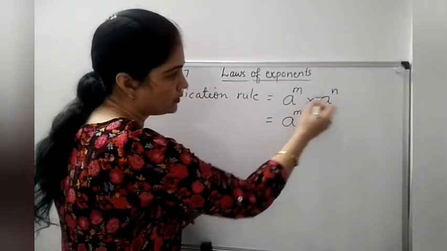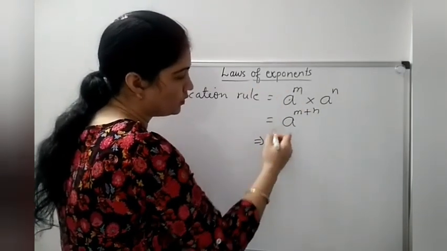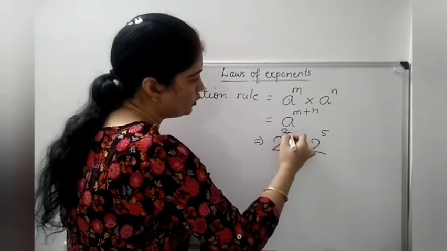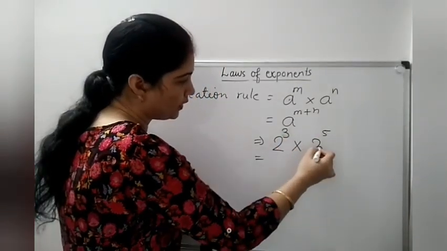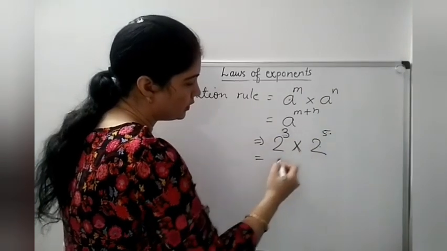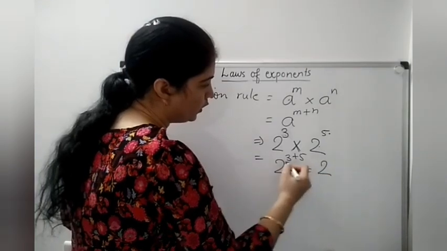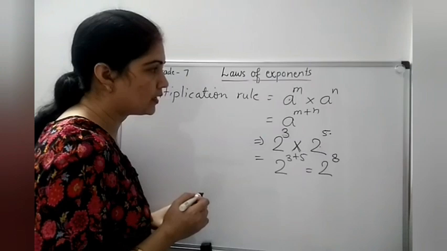Suppose a is any number; if I take 2 raised to the power 3 and 2 raised to the power 5, then since there is the same base and a multiplication sign, the exponents will be added, so you will get 2 raised to the power 8. I hope this rule is clear.